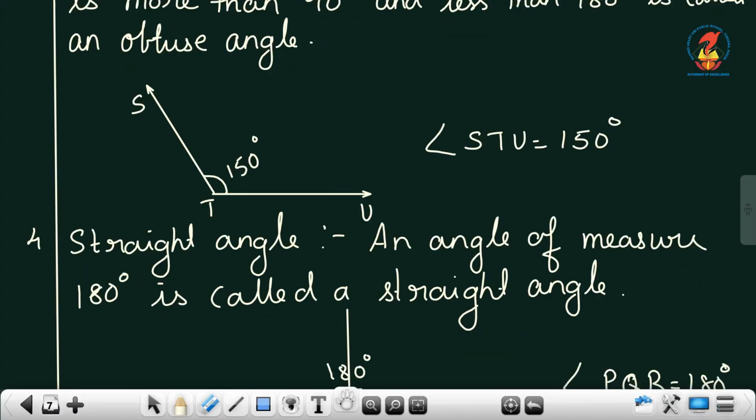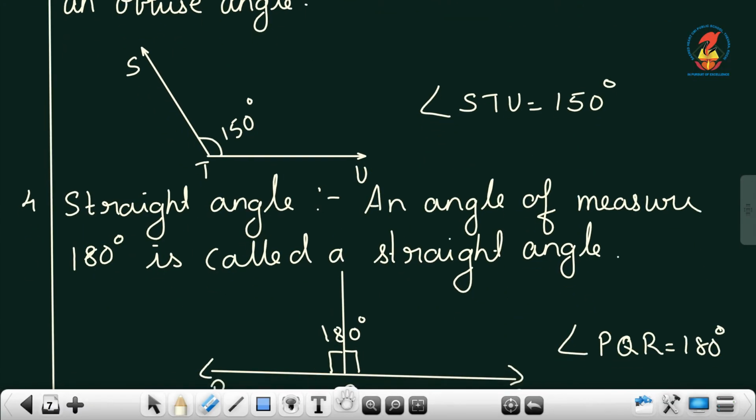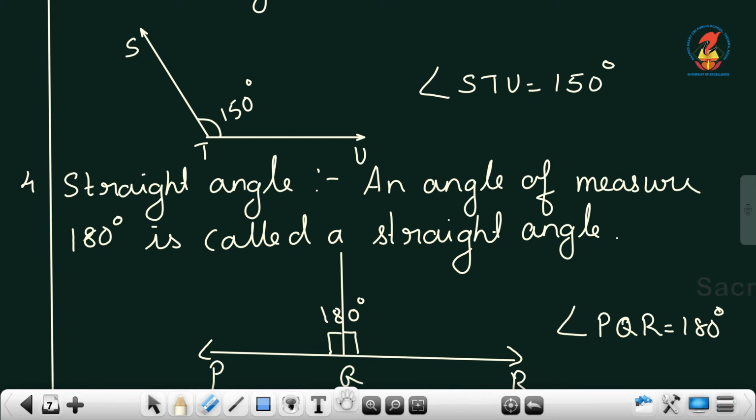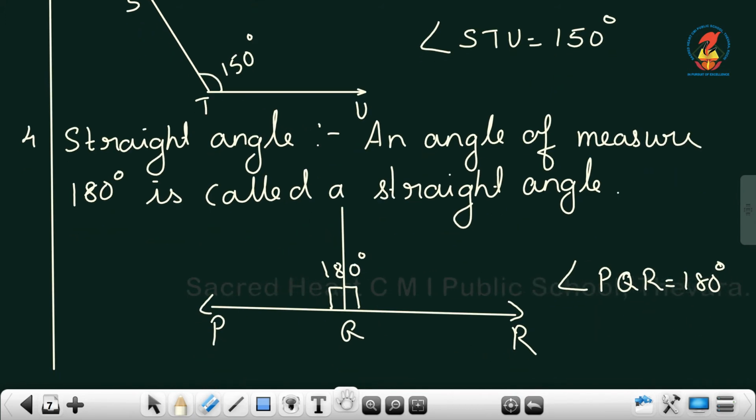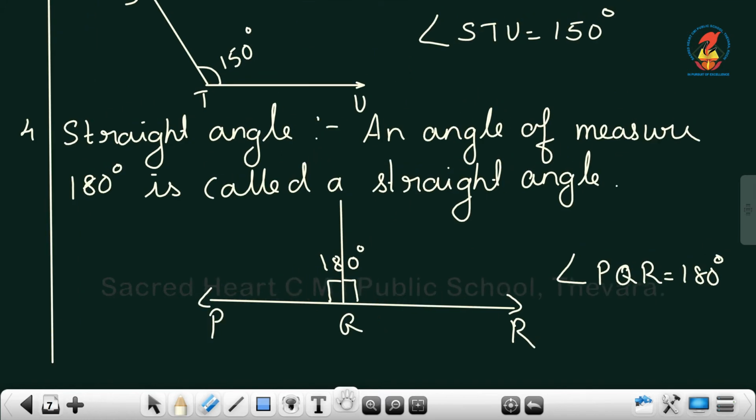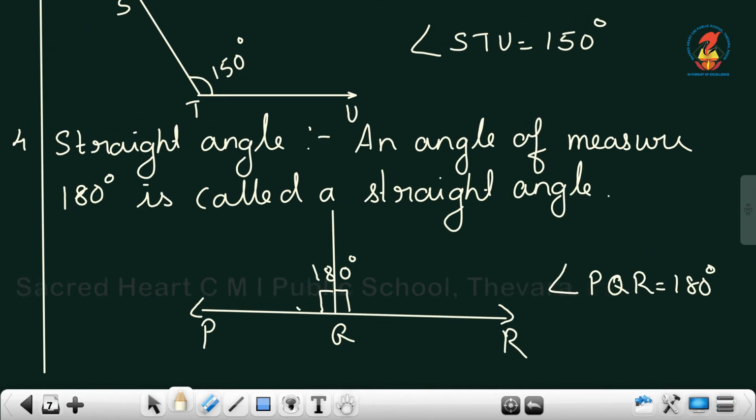And coming to the fourth one, that is the last one, straight angle. An angle whose measure is 180 degree is called a straight angle, like this. QP is one ray, QR is another ray. This is 180 degree.